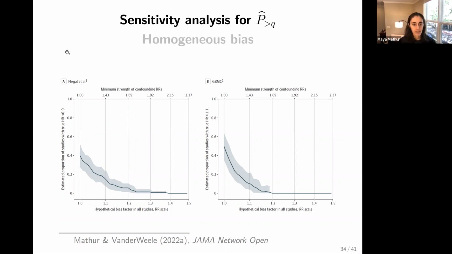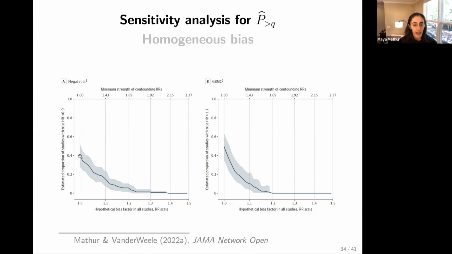So this left-hand panel here is for Flegel. And so you can see, for example, the leftmost cross-section here is basically when there's no bias in any study, right? Because the confounding risk ratio is 1.00 in each study. And so this 40% is actually what we got in the initial analysis where we were assuming there was no confounding.